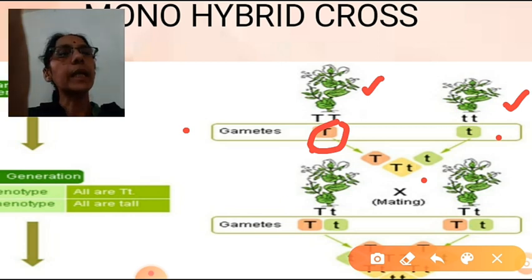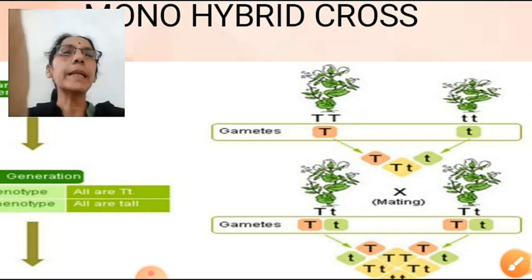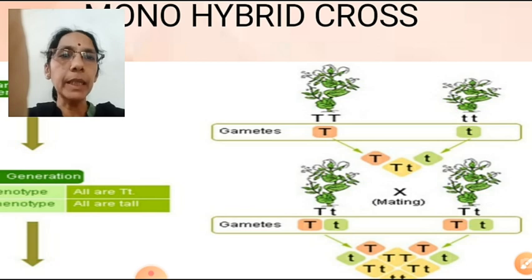Now he has taken two F1 plants and they were crossed with each other. Again here the F1 plant is heterozygous tall. So it produces two gametes, one with capital T, the other with small t. Another plant is also producing the same.